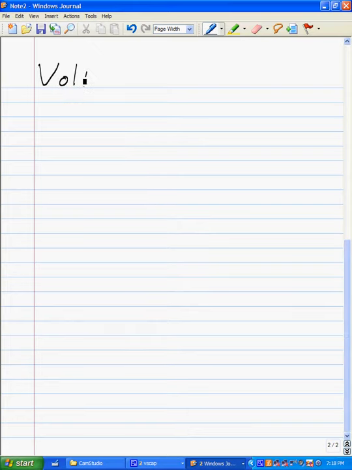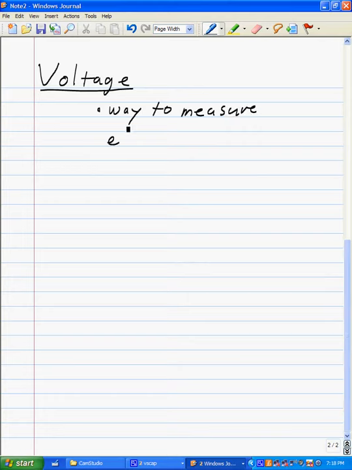And voltage is a way to measure electric potential energy. But it's not electric potential energy. It's related. They're connected. It's different.